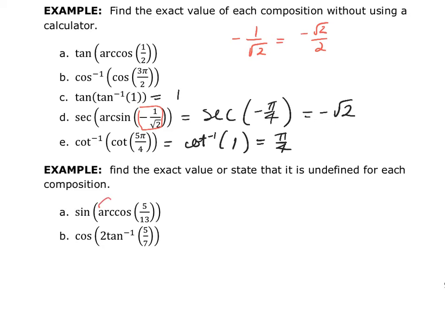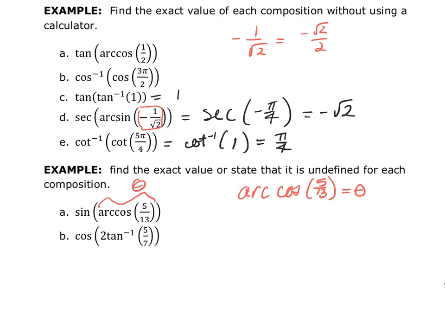So what I know is that when I see the arc, I can replace it with theta. Whenever I see the arc of any of the trig functions, I can replace it with theta. So what I know is the arc cosine of 5 over 13 is equal to theta, because I am chasing the angle that produces that.